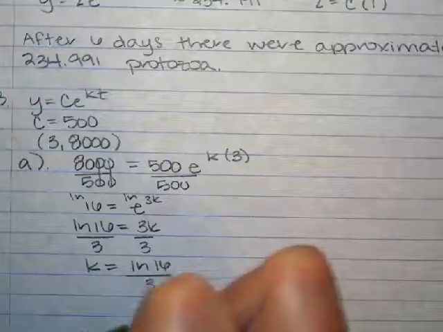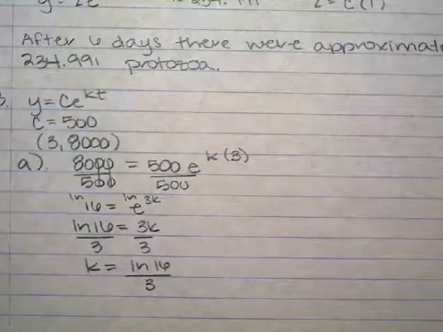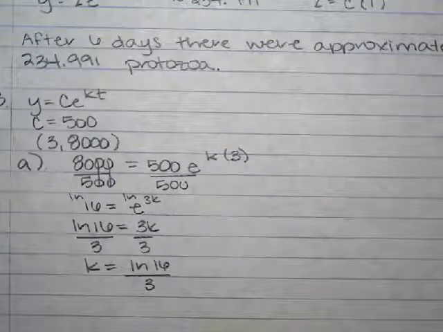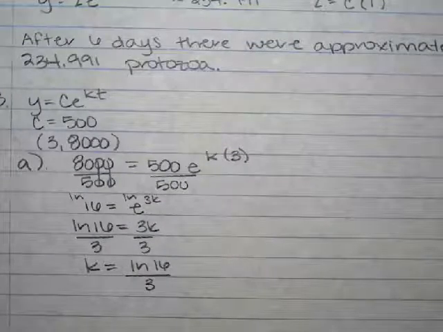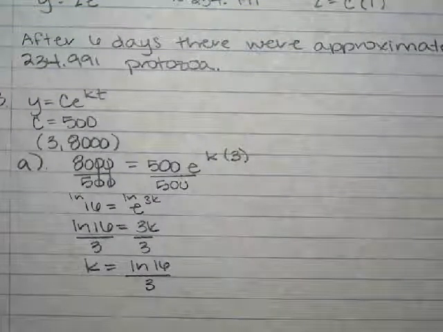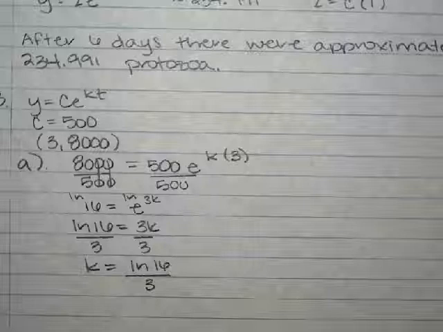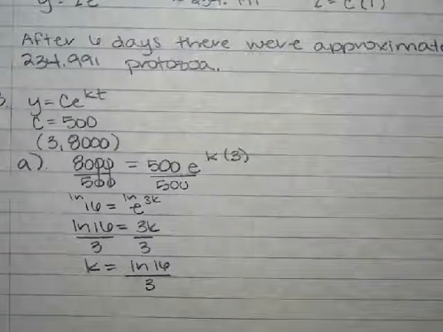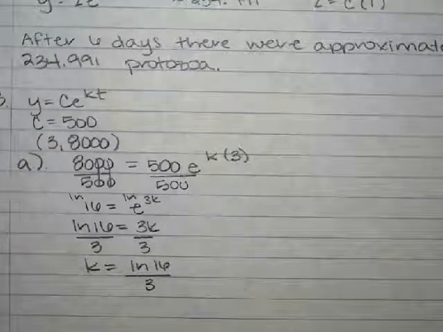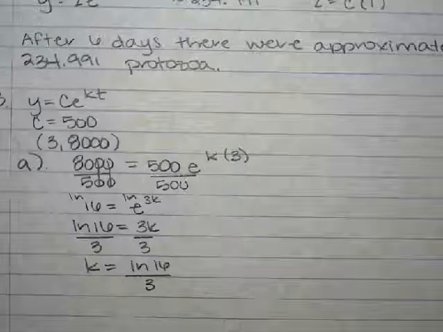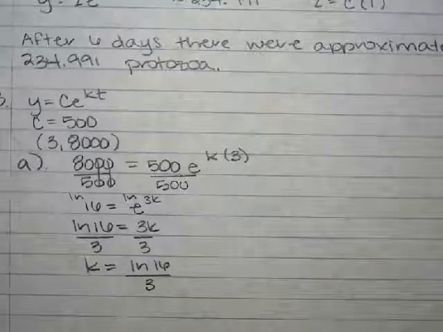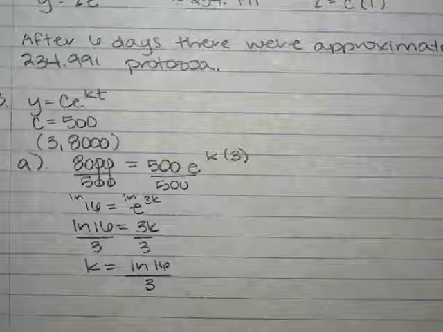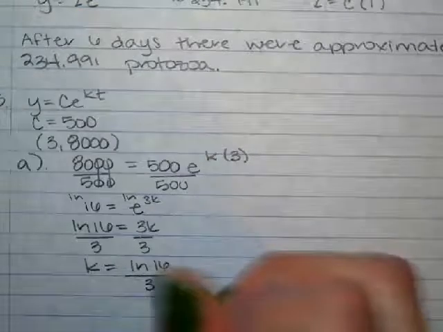Or you could say 1/3 ln 16 if you don't want to write it like a fraction. Or you could say ln cube root 16, because anytime you have a coefficient of an ln, we could use the property of logs. No? Okay. I'll just leave it like that.